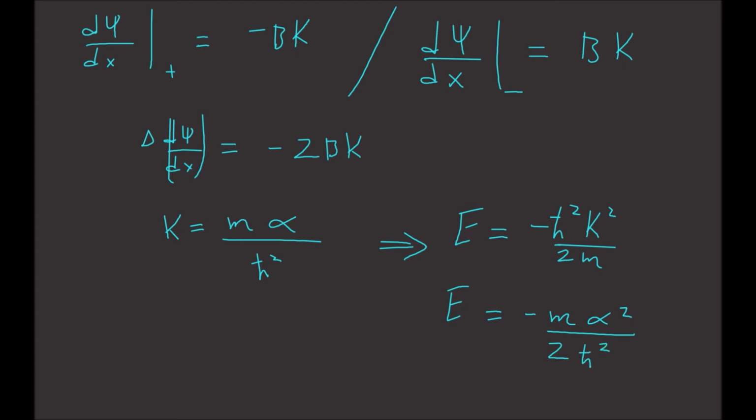So finally, let's normalize our wave function. We're going to take the integral from negative infinity to infinity of psi star psi, or modulus squared, dx. So this is equal to 2 times the modulus squared of b times the integral from 0 to infinity, that's where the 2 comes from, of e to the minus 2kx dx.